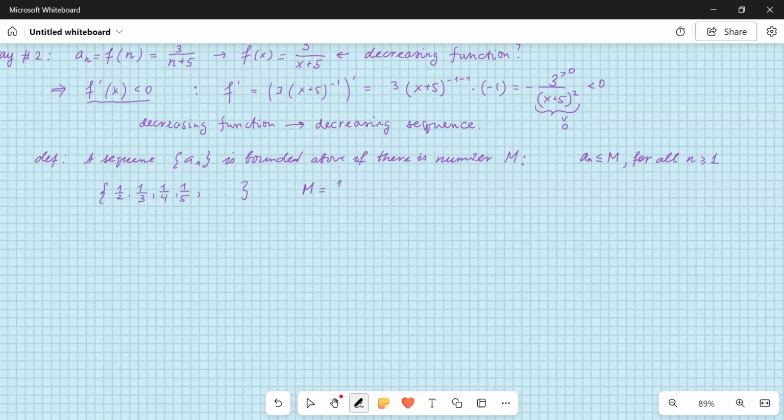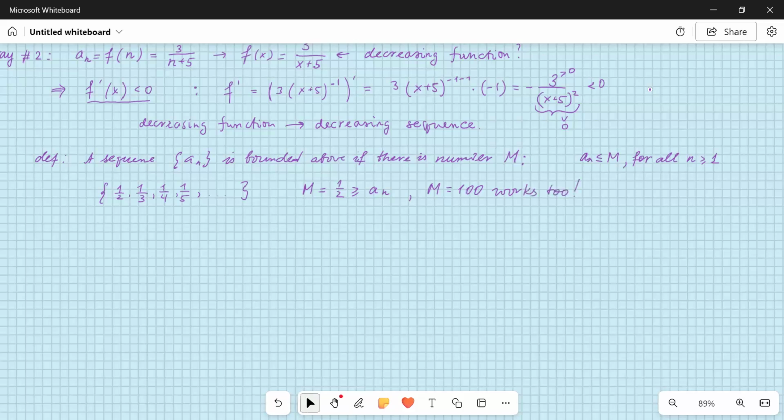For example, M can be equal to 1 over 2 and 1 over 2 is going to be greater than or equal to all terms, including the first term because we have the equal sign, right? Can I use M equals like 100? Is it still going to be greater than all terms? Yes. So M is actually not going to be a unique number. You can make up any number which is greater than all terms of your sequence.